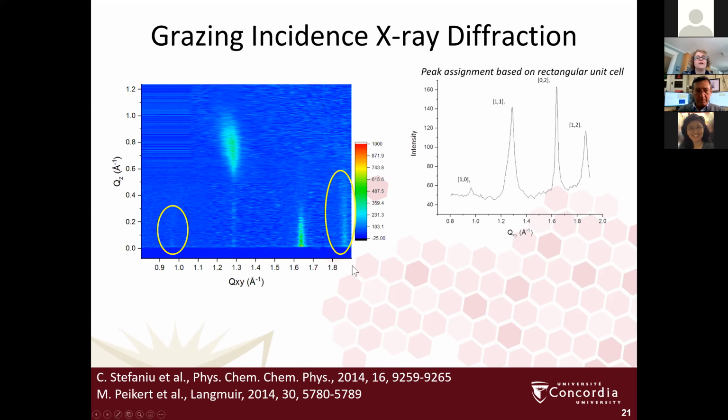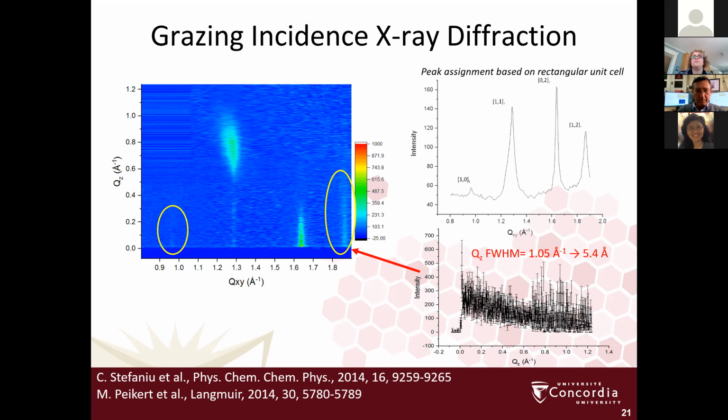But notably, this peak here at QXY 1.86 has a much larger full width at half maximum. If you measure this, it's about 1.05 inverse angstroms, which correlates to about 5.4 angstroms, which is approximately the length of the head group.